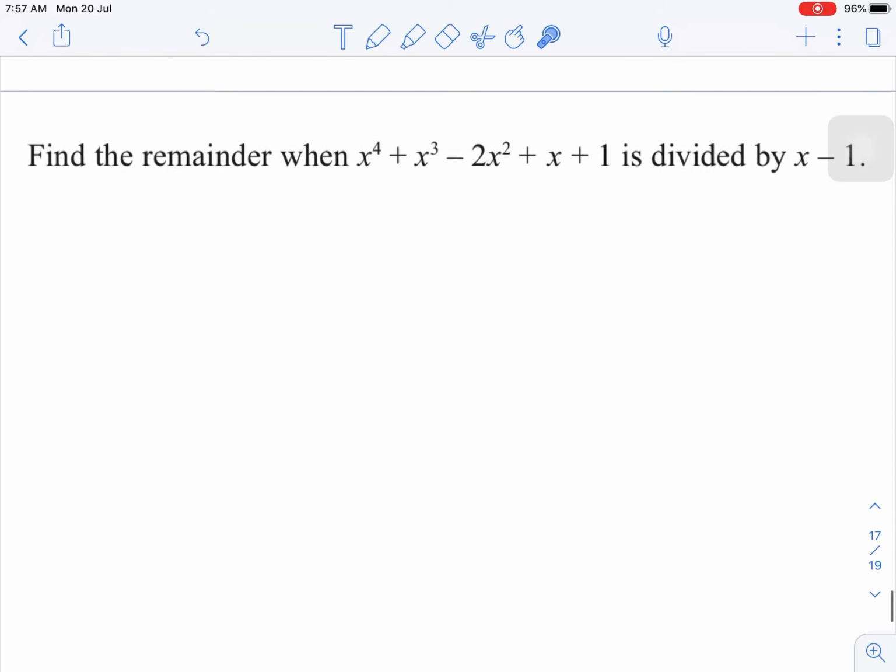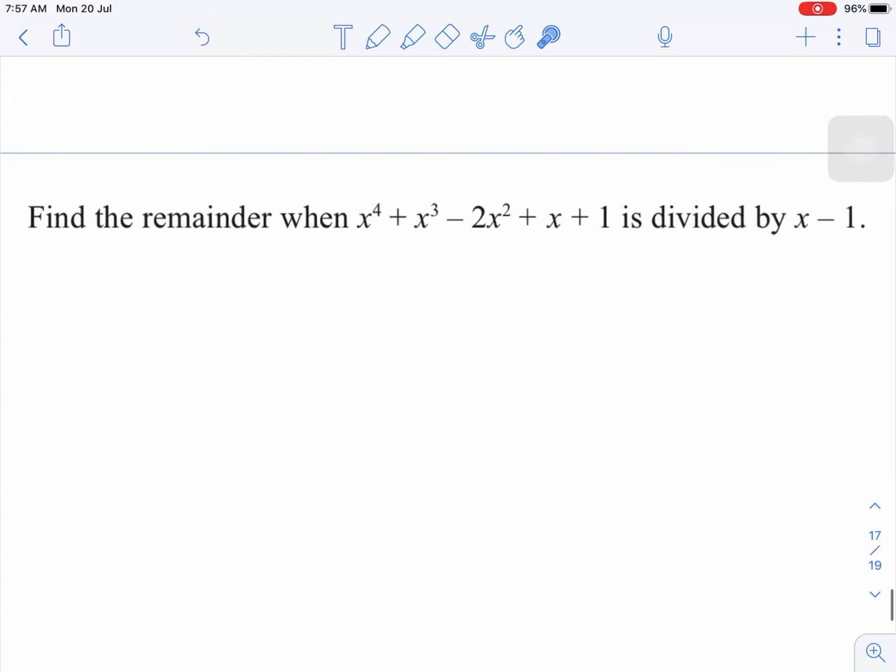So now we have the first example, to find the remainder when x raised to 4 plus x raised to 3 minus 2x square plus x plus 1 is divided by x minus 1. So now solution.